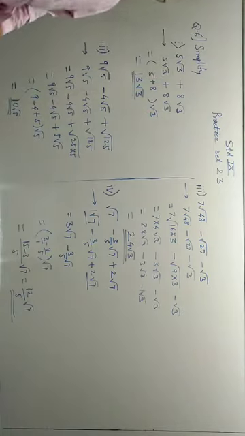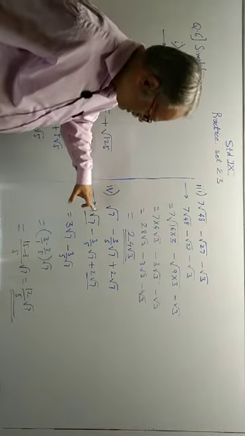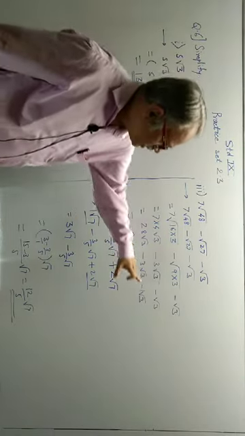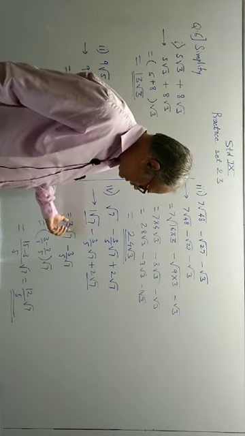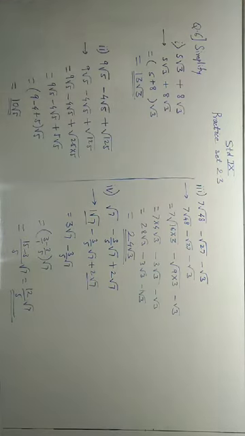Pay attention. Neatly write it. Purposely I have written 1 root 7. 1 need not be written. For better understanding I wrote it. That can be avoided, writing 1 as a multiple. Complete it.